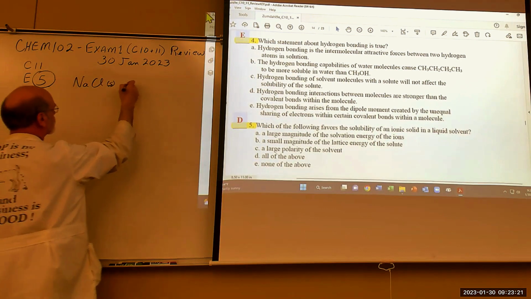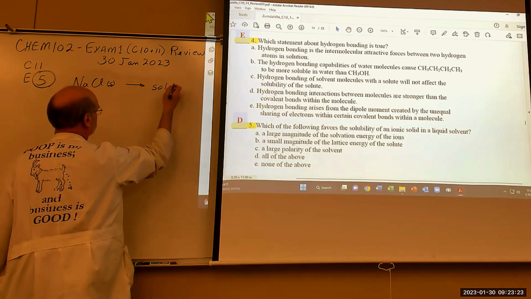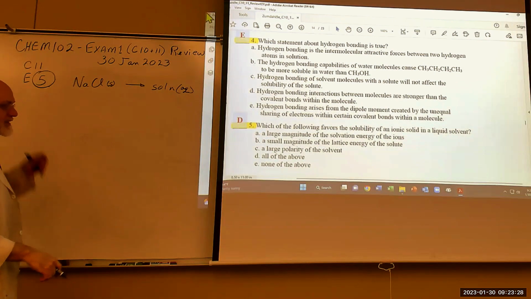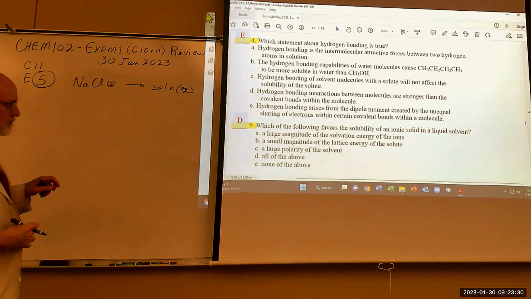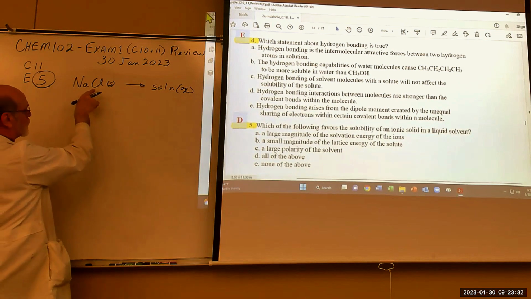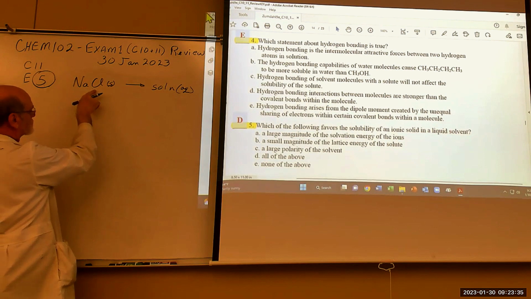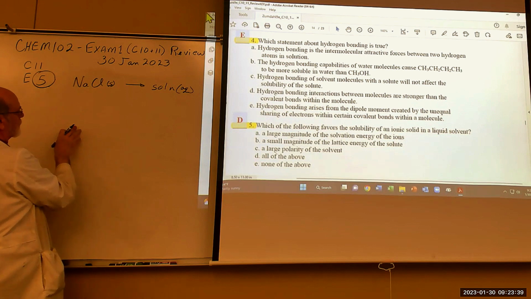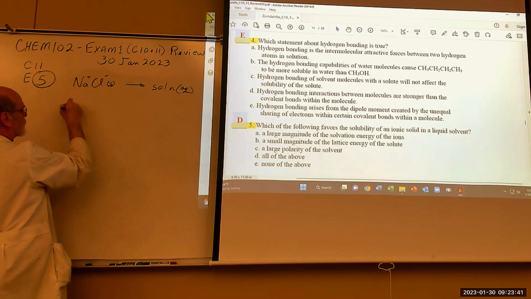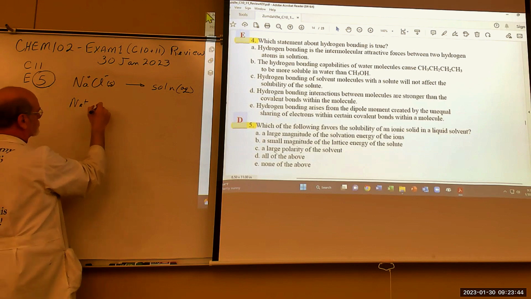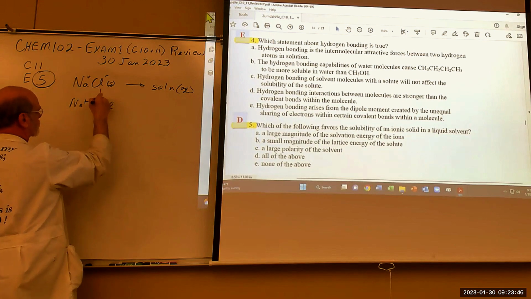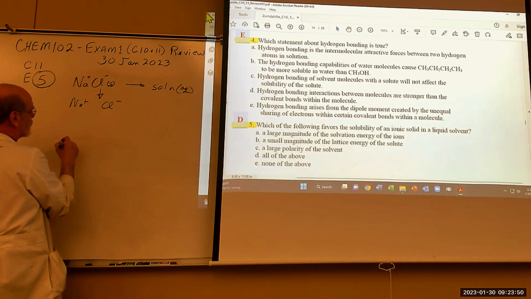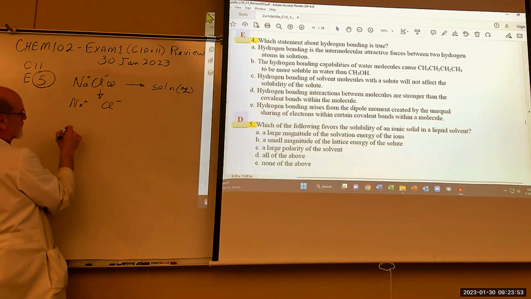We want to put it in aqueous solution, let's be specific. Okay, what has to happen? Well, first of all, you've got to separate these ions. Right? There's a positive, there's a negative. So we've got to have separate ions. Okay. Then you have to hydrate them.